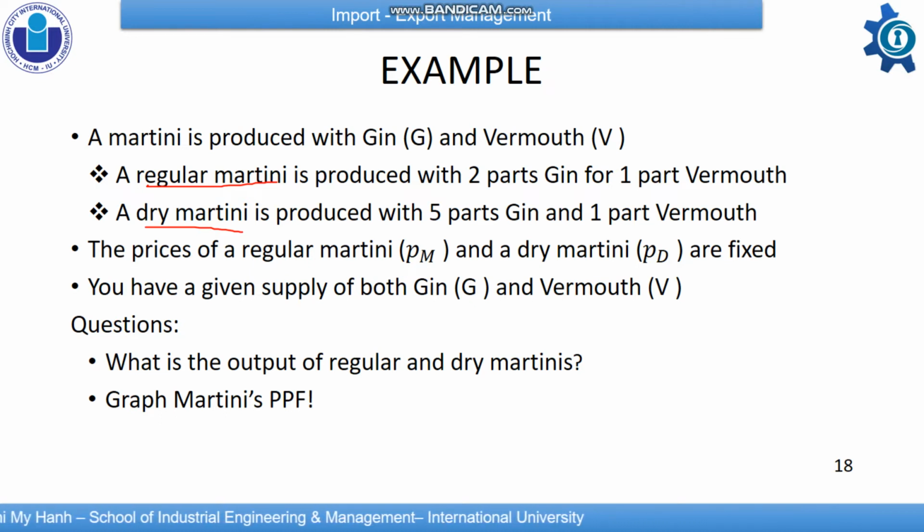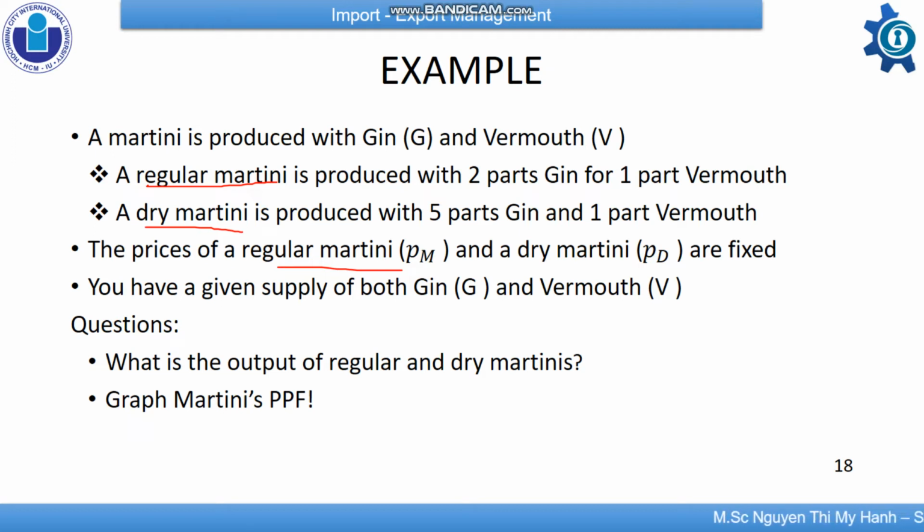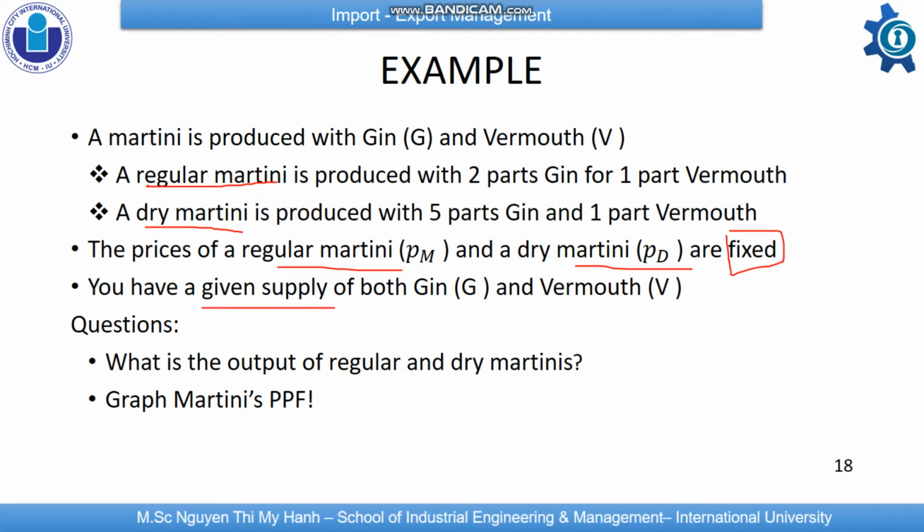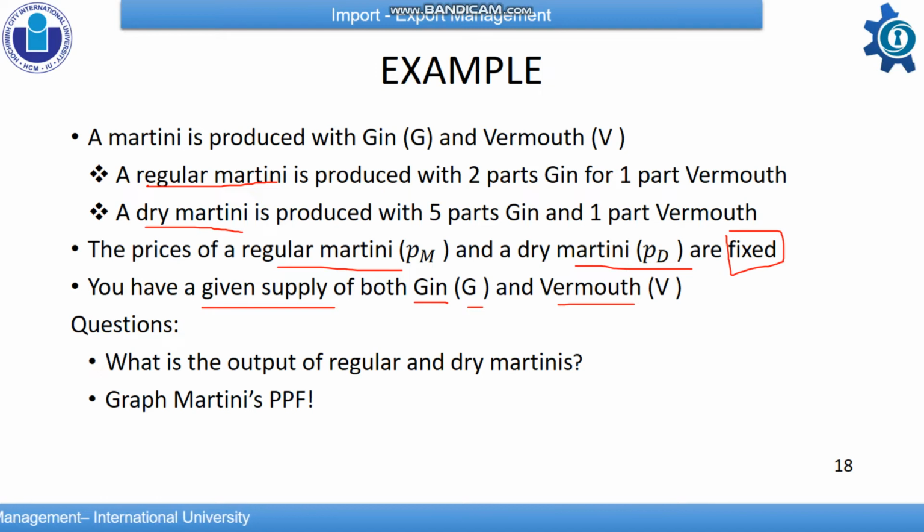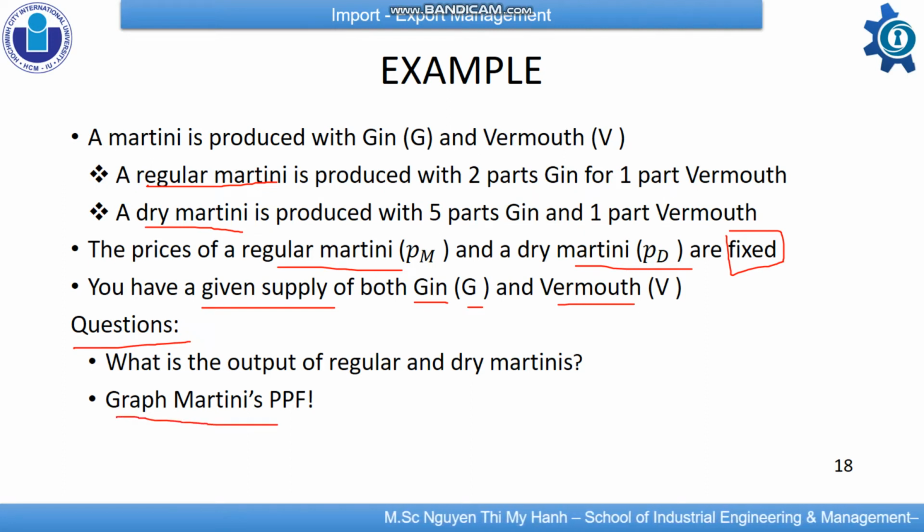The first one is regular martini and the second one is dry martini. We have the price for a regular martini is PM and a dry martini is PD, and the price is fixed. We also have given supply for gin is G and vermouth is V. So the question is, what is the output of regular and dry martinis? And the second one is graph the martini PPF.